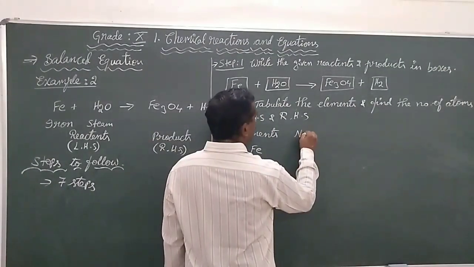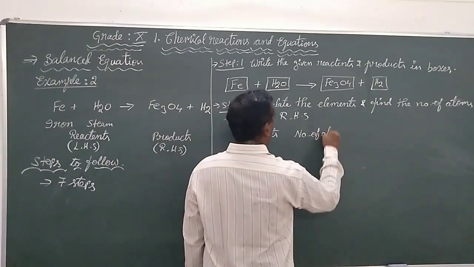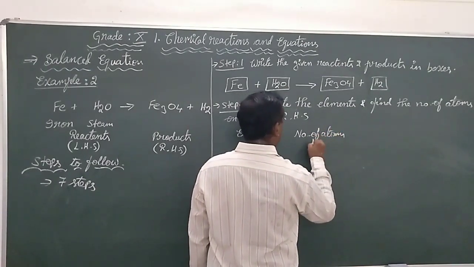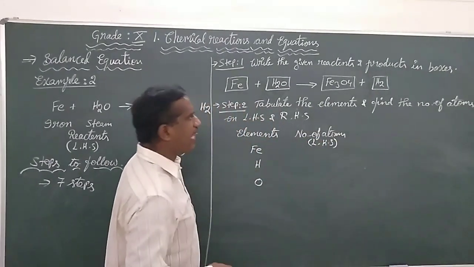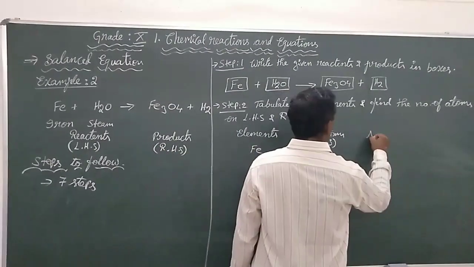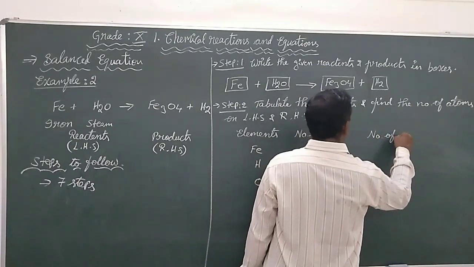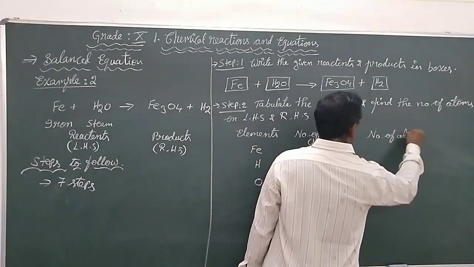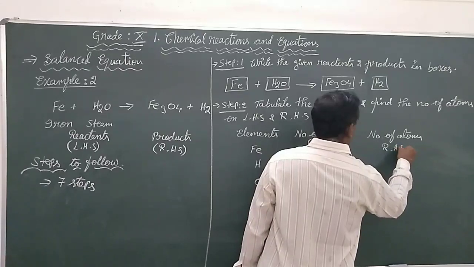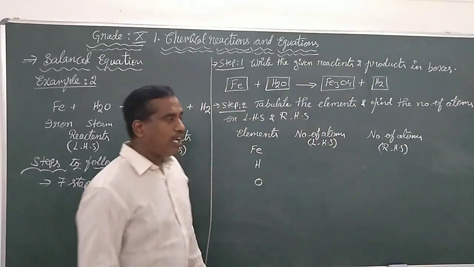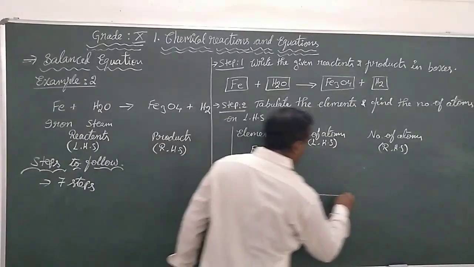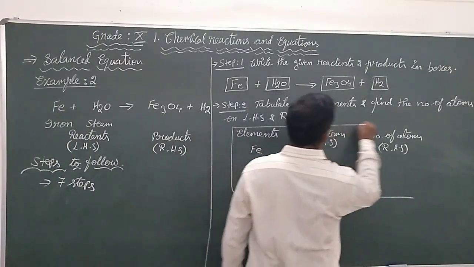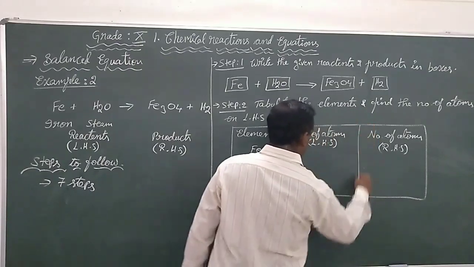So we are going to see the number of atoms on the LHS now. LHS is nothing but the reactants, and we are also going to find the number of atoms on the RHS. Number of iron atoms, we give a table.